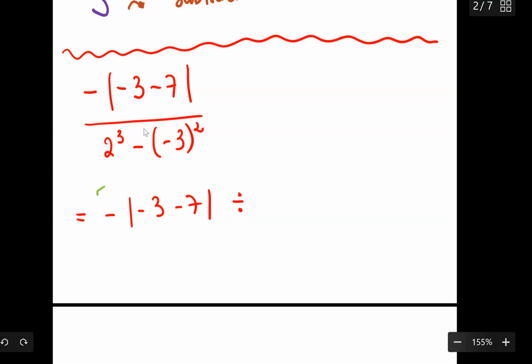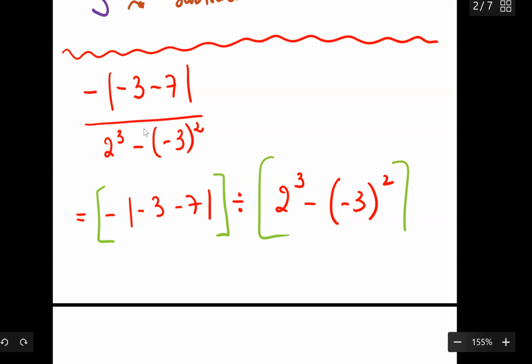And I want everyone to know that operations involving the bracket as well. And what we have here is 2 to the exponent 3 minus negative 2 squared, and you need to put this in the bracket. So when you write the expression like this in terms of fraction, you have to write it as such.